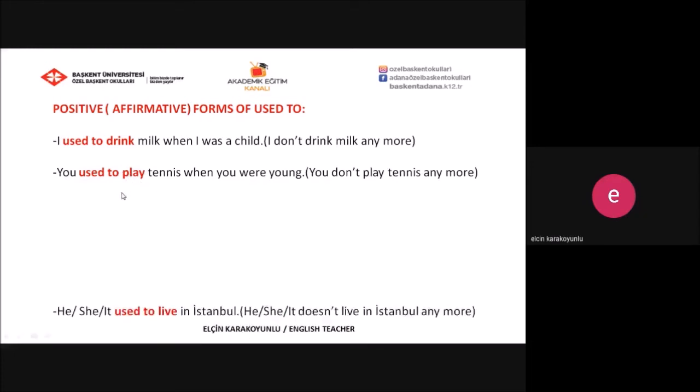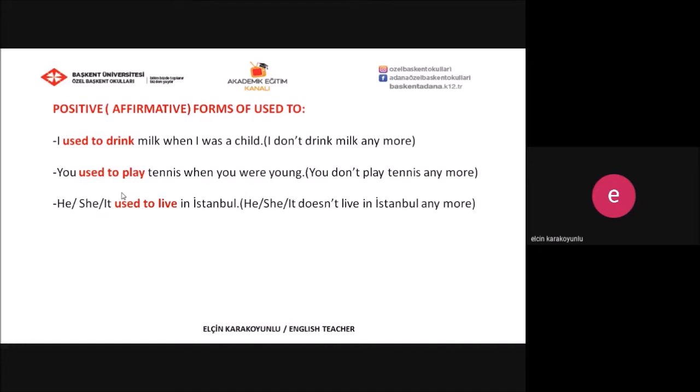The third one is, he or she or it used to live in Istanbul. Again, the same. And the other one is, we used to be quite fat.